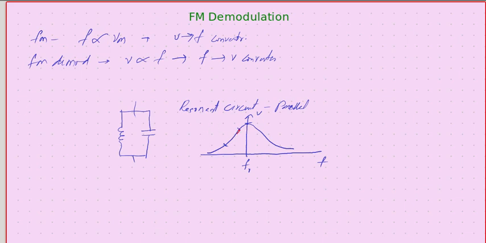If we can make use of this linear part, and make our frequency deviate in this range, then the output is definitely going to vary in this range.